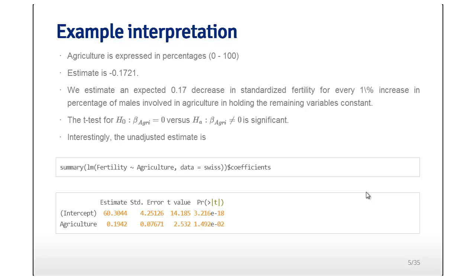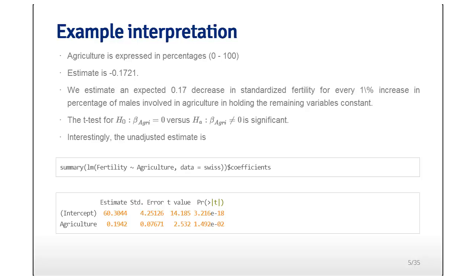So we estimate an expected 0.17 decrease in standardized fertility for every 1% increase in the percentage of males involved in agriculture, holding the remaining variables constant. That would be the interpretation of our negative 0.17 coefficient. And if you look back, our t-test for that is significant.